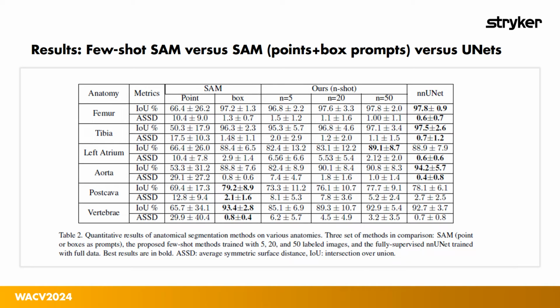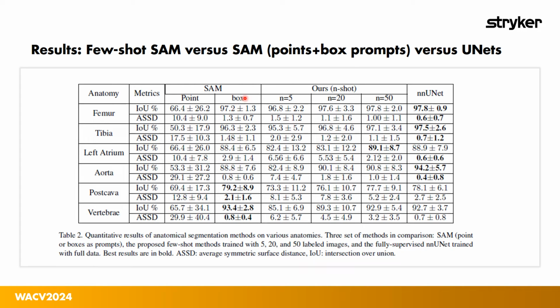The quantitative results show our method with only 5 labeled images. First, you can see under the SAM column, using a single point as prompts does not work for all cases, so the result is pretty bad. To use SAM, you have to provide the bounding box as prompts. Once you use the bounding box as prompt, the results are pretty okay.